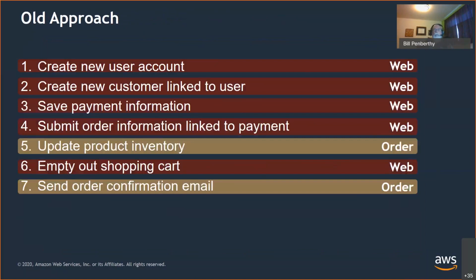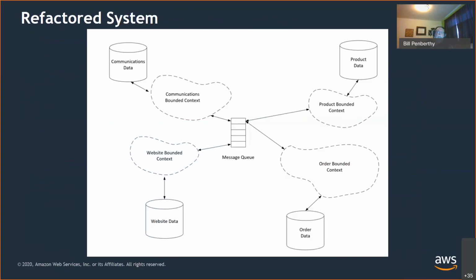So if we remember this approach, you'll see that the order service did the processing to update the product inventory and to send the order confirmation email. But it doesn't have to do that because those services will already know about them, because they're smart that way, because you made the same types of changes to them.